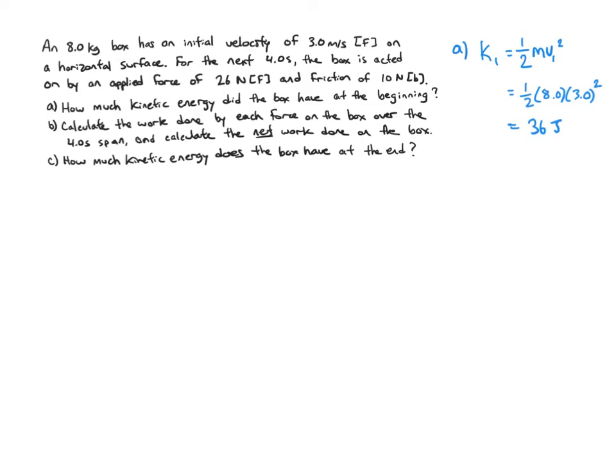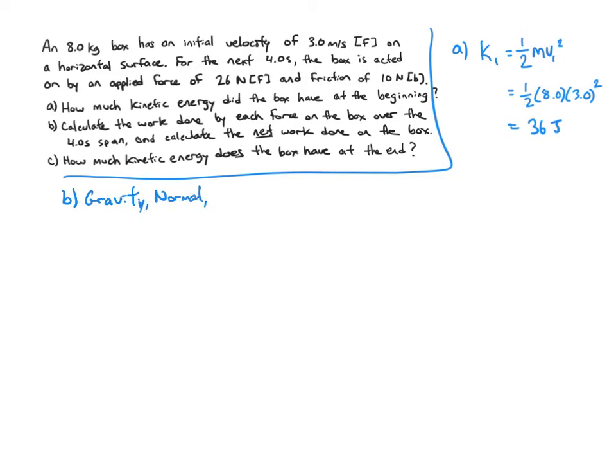So if I consider what are all the forces acting on this box, I think there's 4 of them. There's gravity and normal. And then there's applied force and friction.